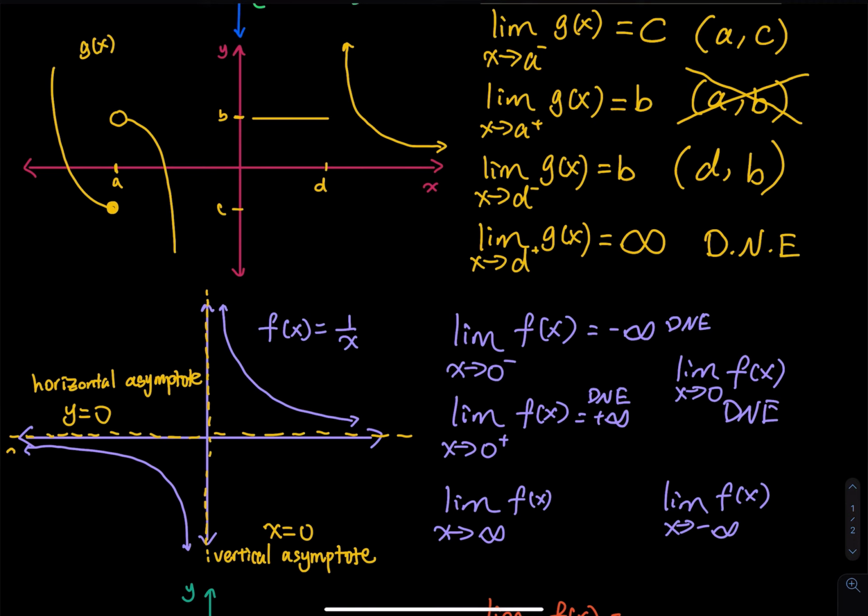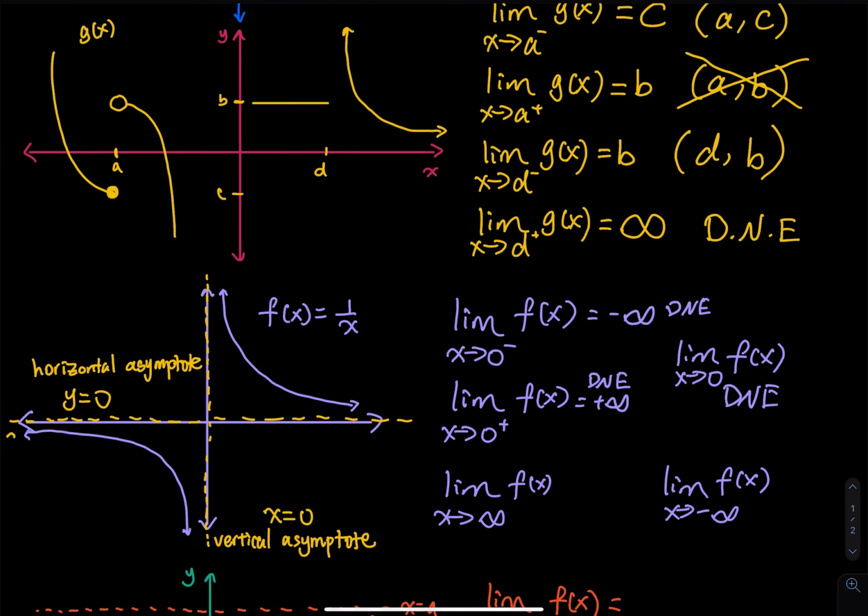Okay, so how about the next two? X approaches positive infinity and x approaches negative infinity. Positive infinity means you look all the way to the right hand side, right? Since we have a horizontal asymptote, the curve is getting closer and closer to the horizontal asymptote, but will never touch it. So as x goes all the way to the right, y is approaching 0.